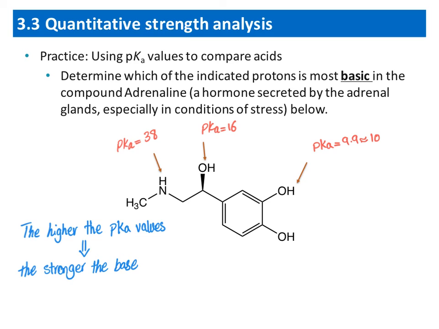So meaning that amine, which has the highest value here, is our strongest base. Then we have an alcohol, and then we have phenol.